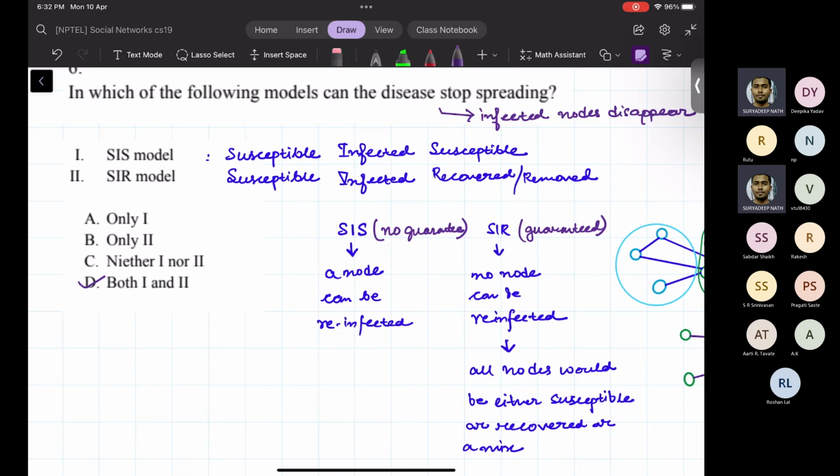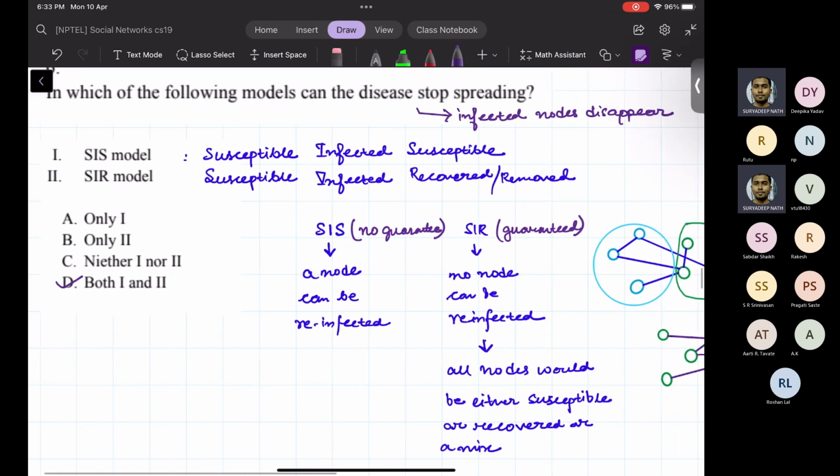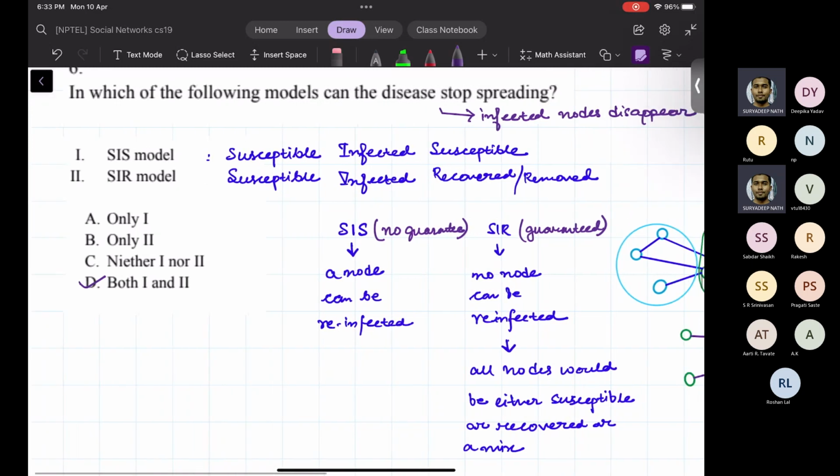In certain cases the infection can stop spreading, and in certain cases it can remain in the network. So only 2 will not be a correct answer. Both 1 and 2 will be correct. In SIR, it is guaranteed to stop spreading. In SIS, it's not guaranteed.